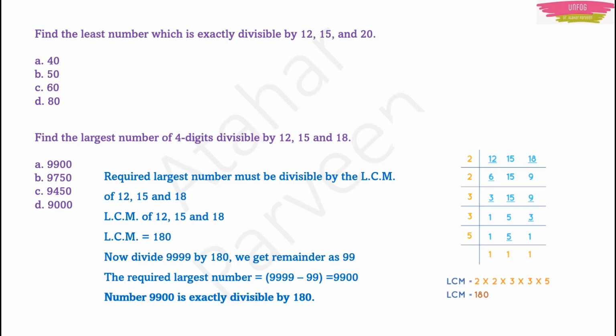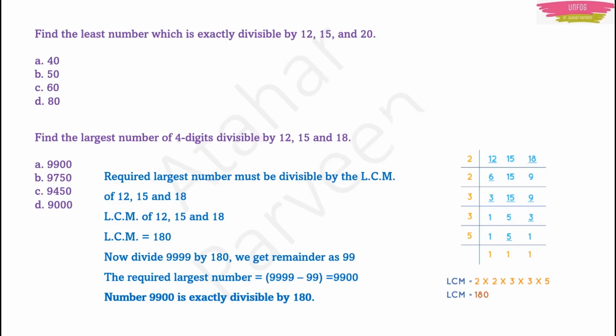Once you get the LCM, now you divide the largest number with 4 digits by it. Which is that number? It should be 9999, right? If I take 10,000, then it will be 5 digits. So 1 less than that will be 9,999. Now you divide this 9999 by 180.